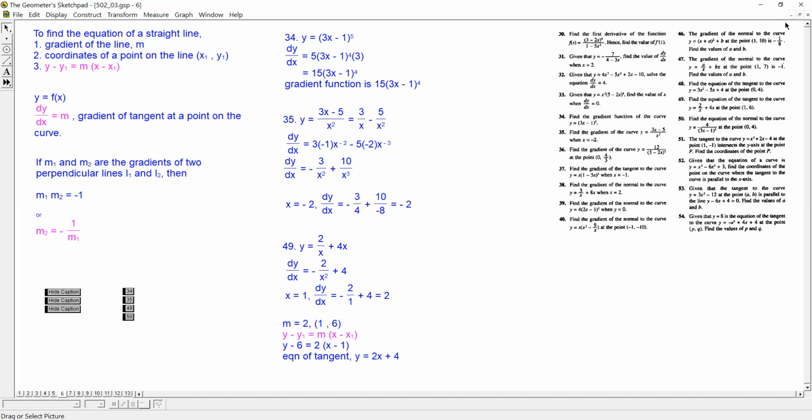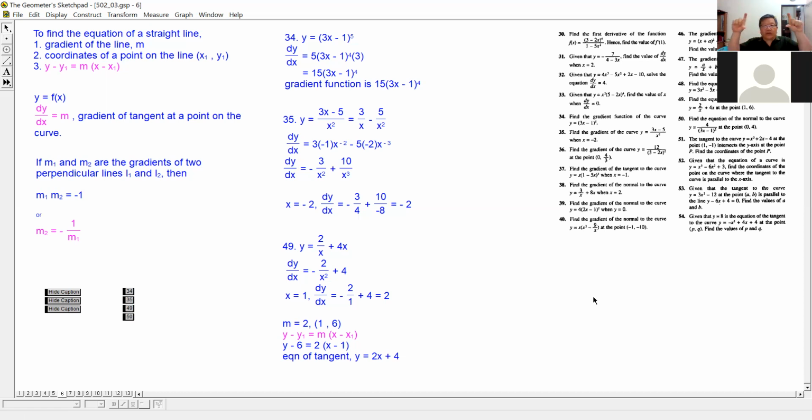Now, you are given the equation of the curve. From this equation, you need to know two things. Number one, the gradient. Number two, the point. If you know the gradient and the point, using the formula that I've given you, you can find the equation of tangent. You must know gradient and point. So you check: the point is given, so no need to find the point already.